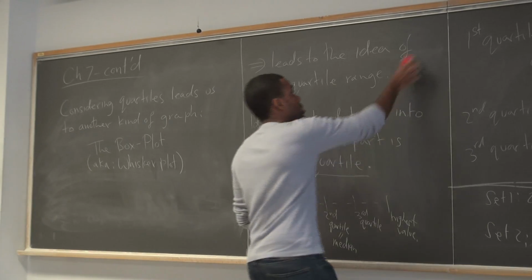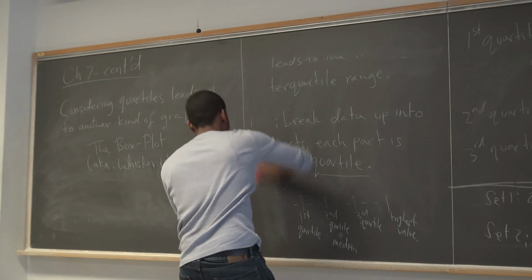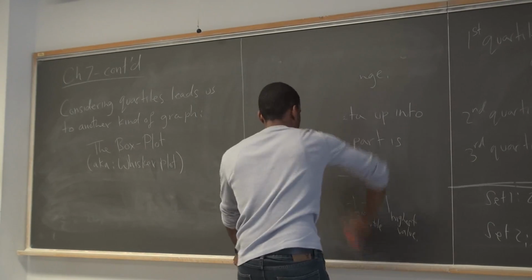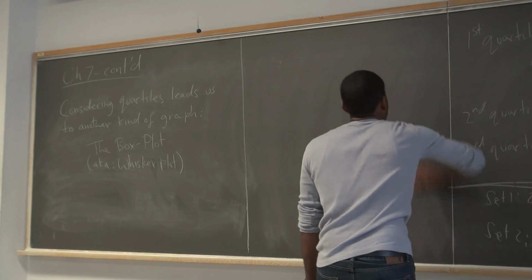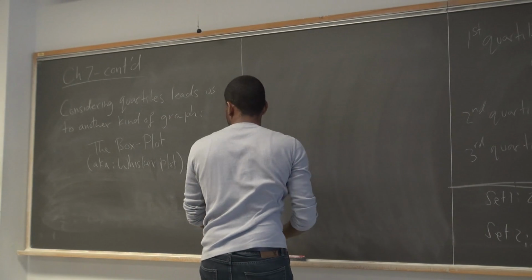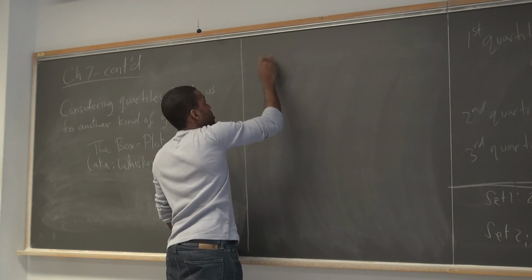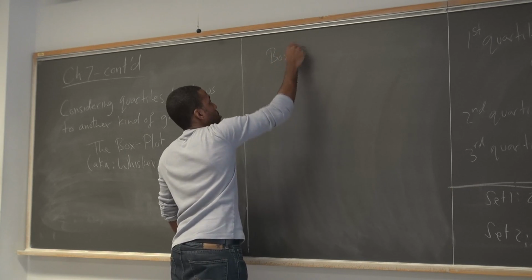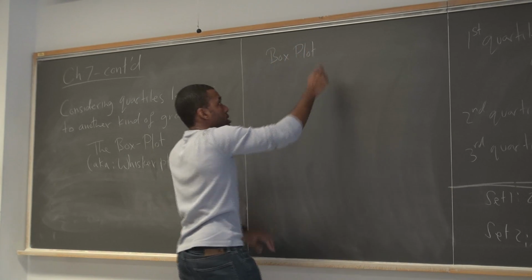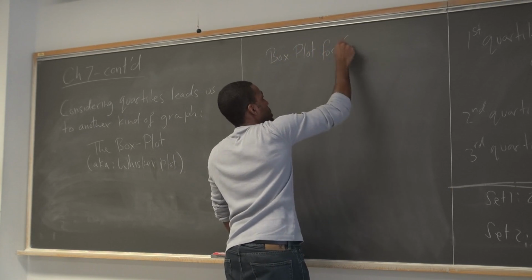And this one is basically a graph of the quartiles. So let me just draw the one for the first set to show you. Every good chart has a title: box plot for grade set 1.